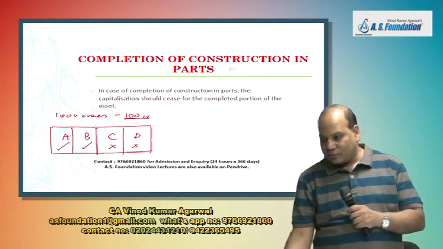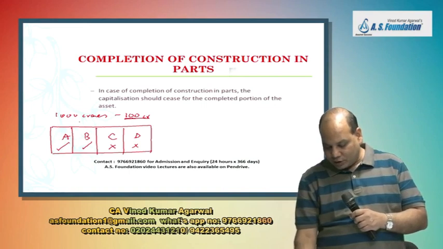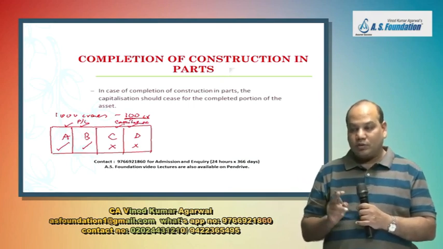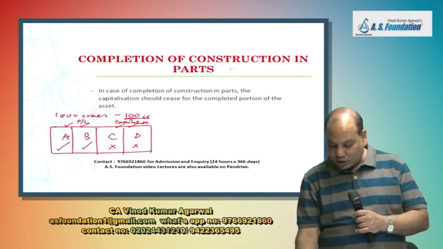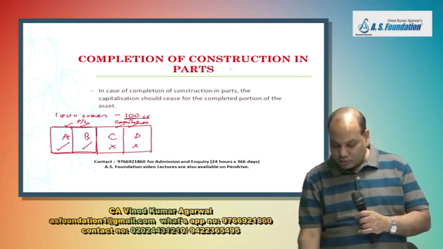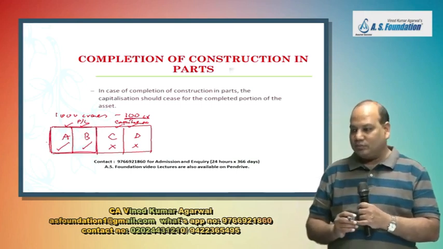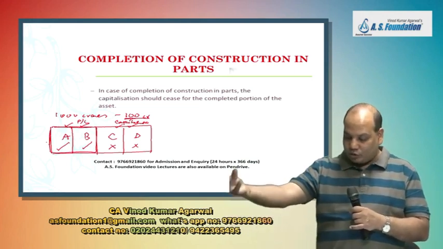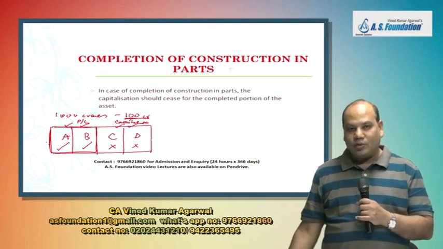Whatever the ratio, these two go to the P&L account and these two they will still capitalize. But there is a condition that these two are capable of being used independently. Even if the construction continues for the other part, these two should be able to use independently.